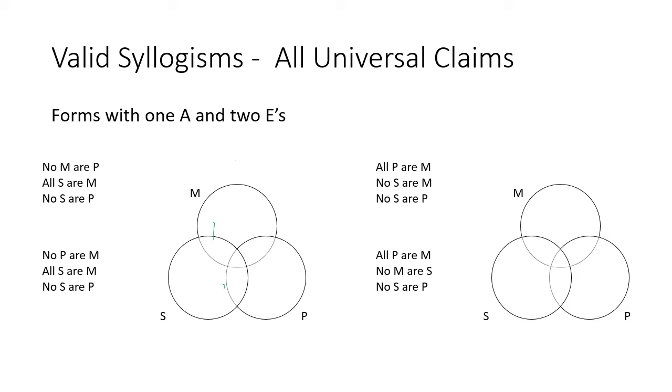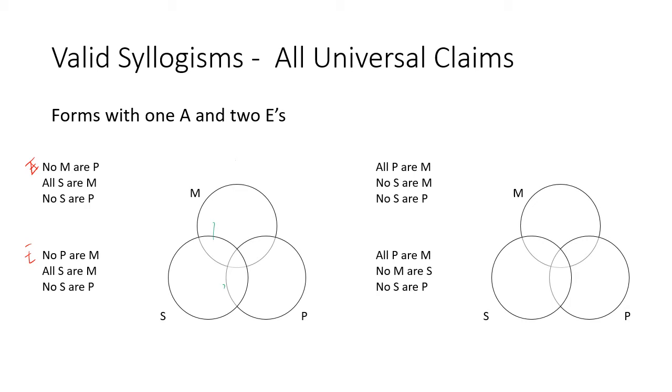You'll notice that you've got an E, a universal negative, and the E is slightly different in both of these arguments.